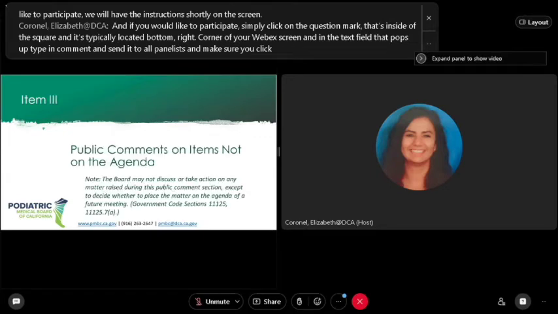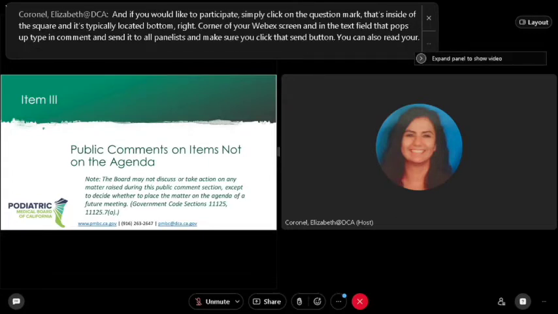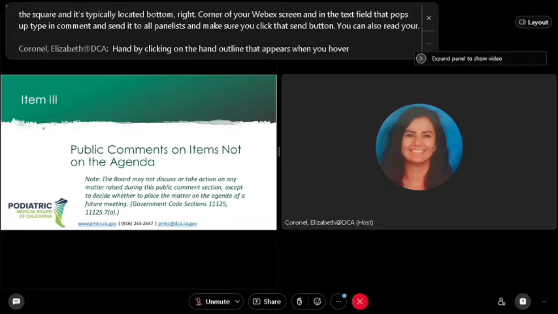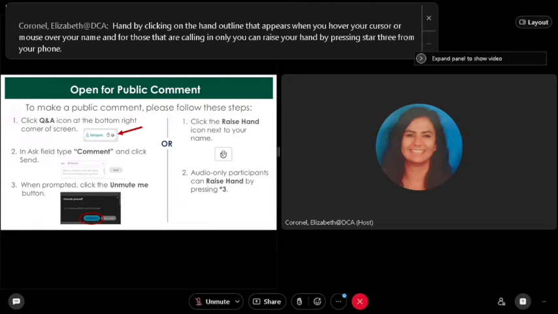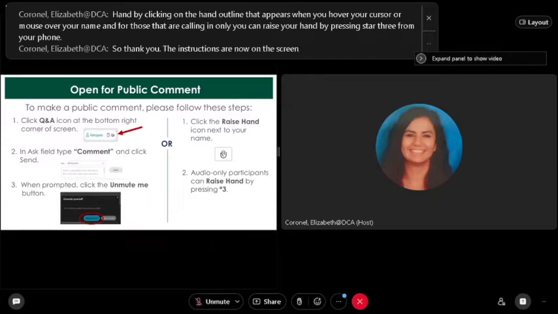You can also raise your hand by clicking on the hand outline that appears when you hover your cursor or mouse over your name. And for those calling in only, you can raise your hand by pressing *3 from your phone. So thank you. The instructions are now on the screen for you to review.